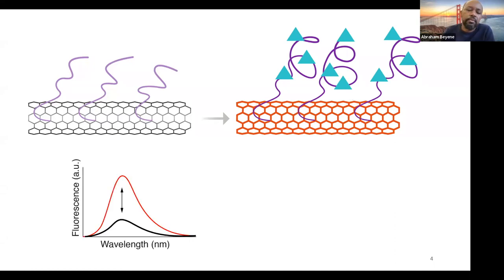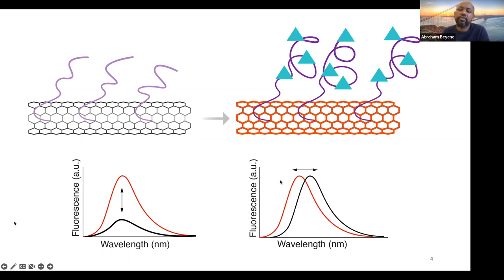And what you hope to get here is some kind of fluorescence modulation in the form of a fluorescence emission increase or decrease, or some kind of peak shift or solvatochromic shift that can be used as a readout to transduce whatever molecular recognition event may have happened in close proximity to these systems.